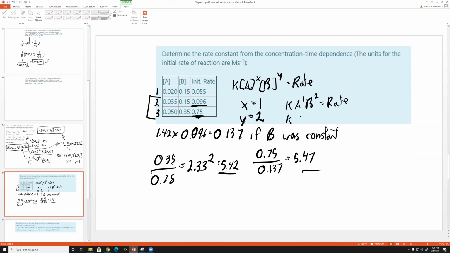So we have k, which is unknown, times A. We could just pick, let's say, trial 1. We have 0.02 times B squared, which in trial 1 is 0.15 squared, equals the rate for trial 1, 0.055. And we can do some math and figure out the rate constant, which is 122.